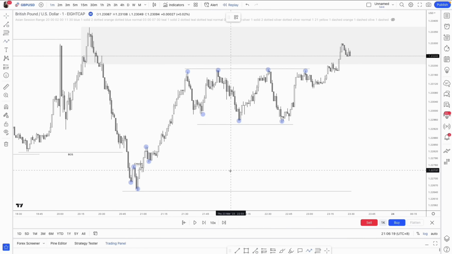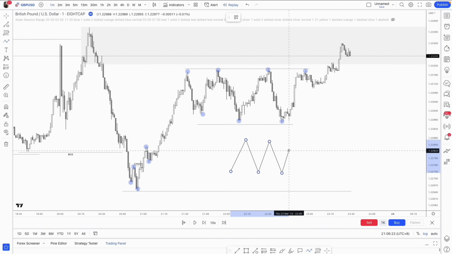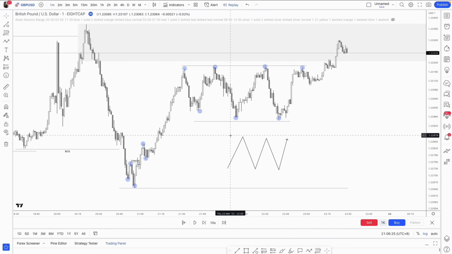And here's how a range usually works. Price will build liquidity on both sides of the market like this. We have the buy side liquidity and the sell side liquidity. Now what the market will then do is trap one side of the market first. Because let's say people have sell stops here or buy stops. They're waiting for the breakout to play the continuation. Well, what happens?